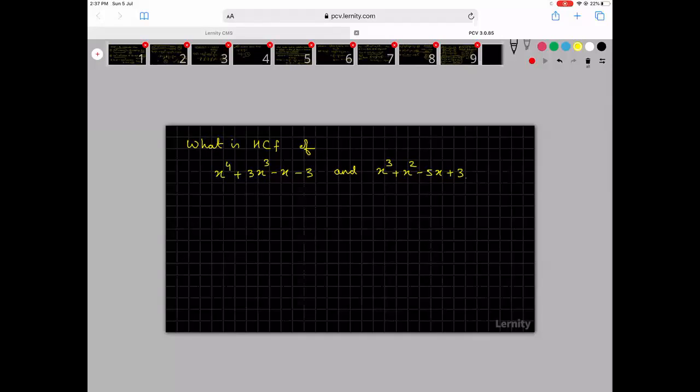All that I'm trying to say is this is equal to HCF into something, let us say A. This is equal to HCF into B. Don't worry, just do what I'm trying to tell you to do. Just take this and divide it by this. Let's see what you will get.